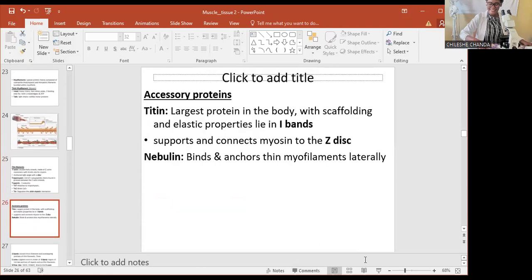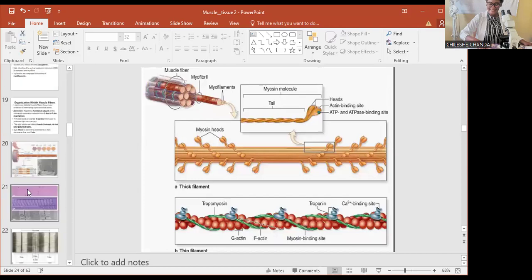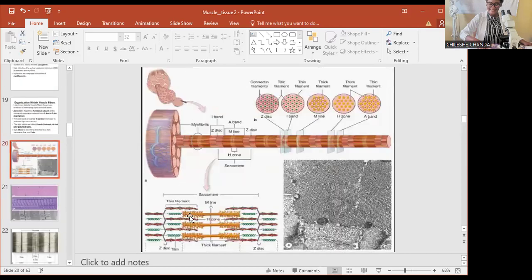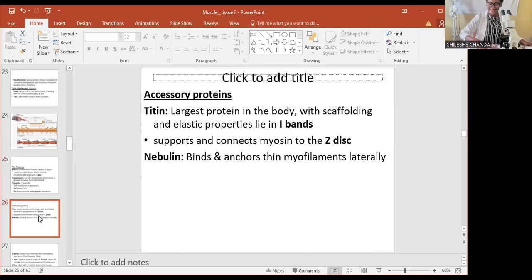Now, we have other accessory filaments. Like I was telling you, when you look at this other diagram, we have another type of protein here, the green ones. These are made up of proteins known as titin, and they are accessory proteins.